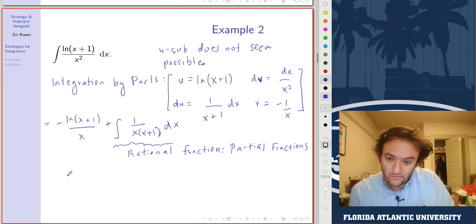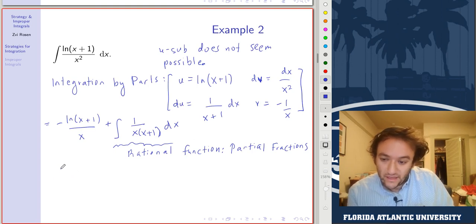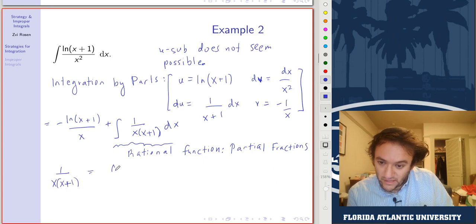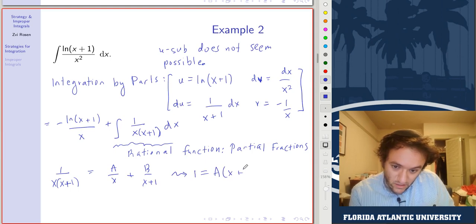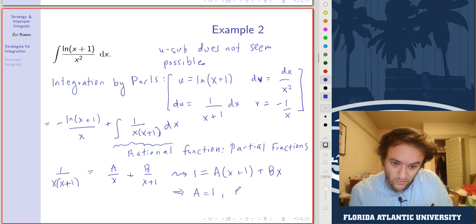And then we factor the bottom, it's already factored, and we set up the correct form, which in this case is distinct linear terms. So we get A over x plus B over x plus 1. Okay, now we clear denominators, and we obtain 1 equals A times x plus 1 plus B times x. Okay, this means that A equals 1 and B equals minus 1.